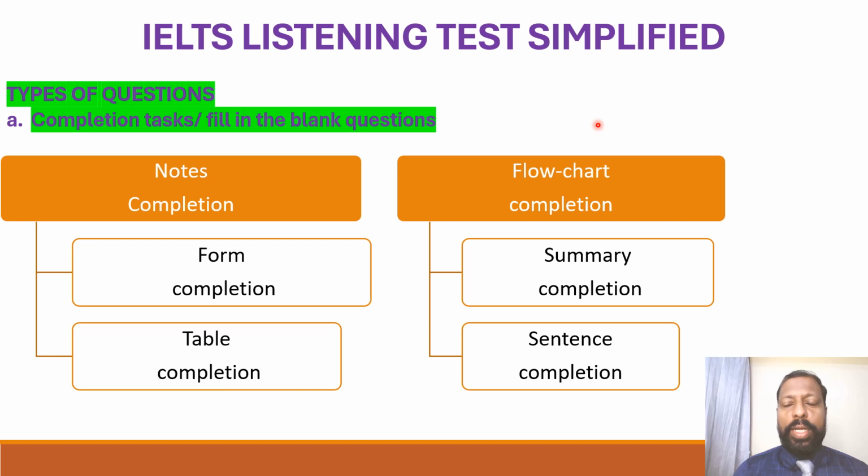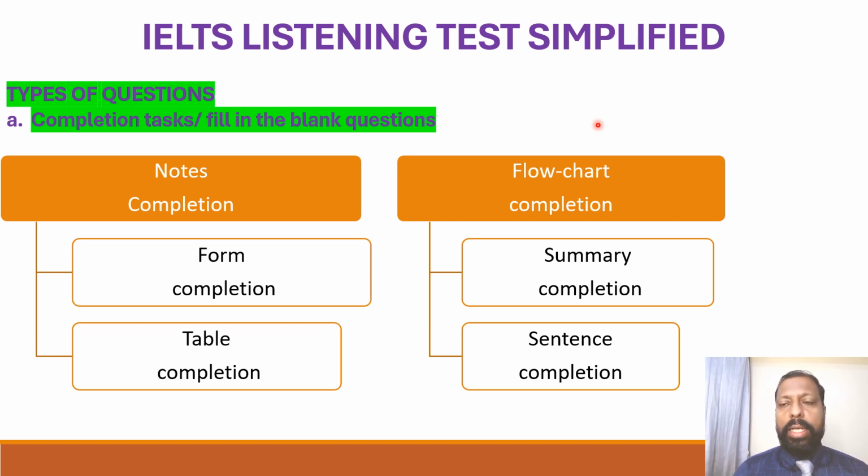And how to do it? Very interestingly, you need to mark or underline the keywords, pay attention to the keywords. Then you have to listen to the track carefully. Then you need to identify the right answer. Then another type would be form completion. So in the question booklet, there would be some kind of forms given, and you need to fill in the forms.